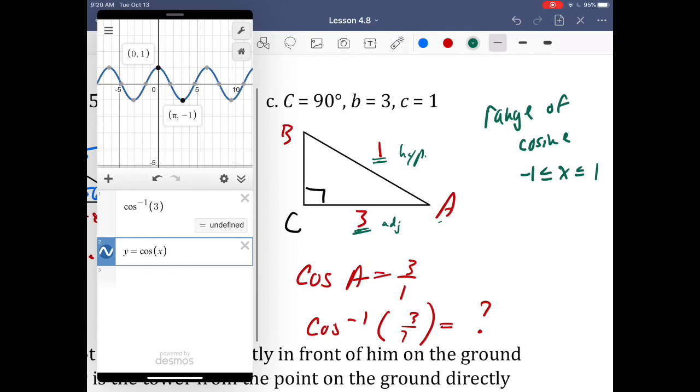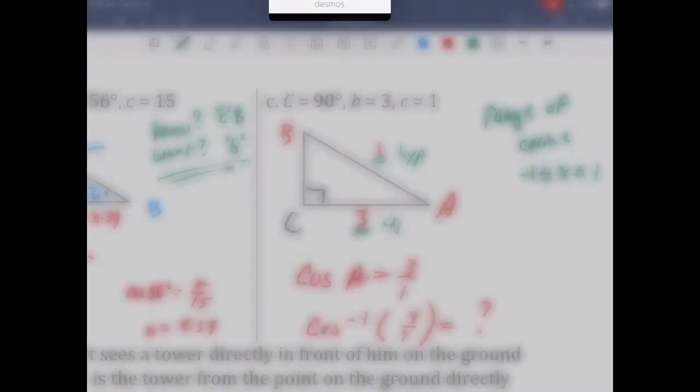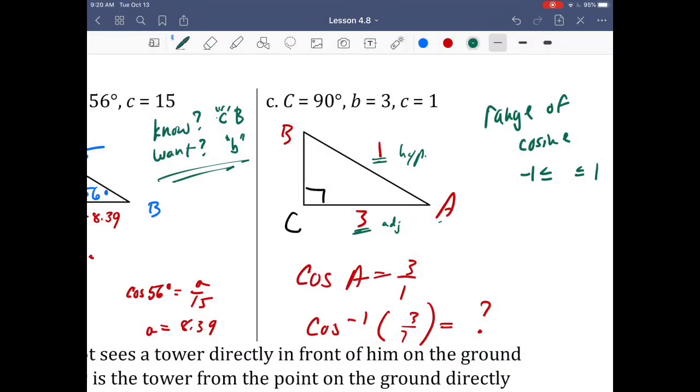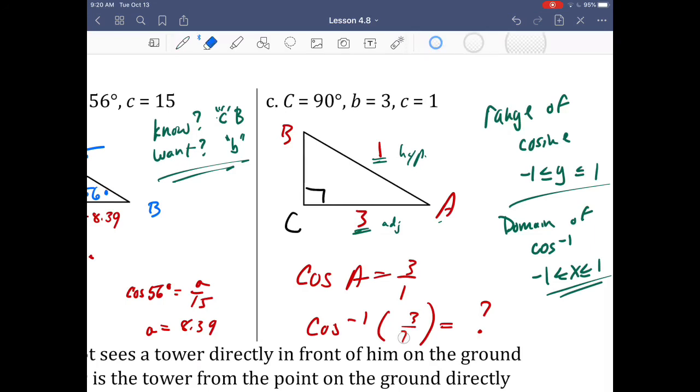I meant a y. So the range of cosine is that. Therefore, the domain of its inverse, inverse cosine, would be between -1 and 1 with the x values. So you can only insert values between 1 and -1. 3 clearly being outside of the domain is undefined, and geometrically supported with the fact that a leg cannot be longer than the hypotenuse.